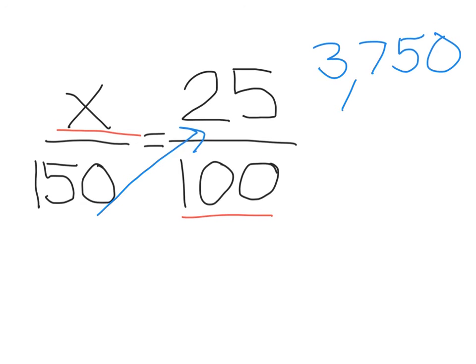To find the percentage of 100, we have to take 3,750 divided by 100, which equals 37.5.